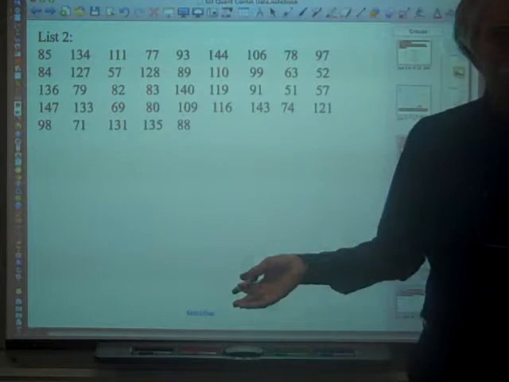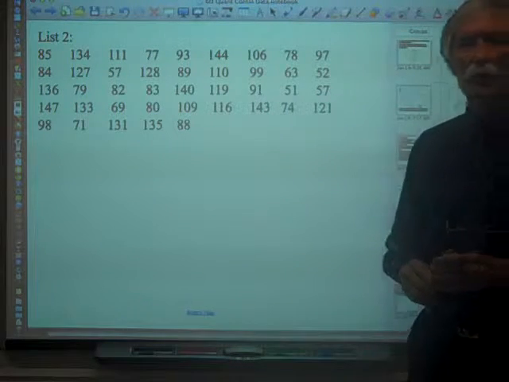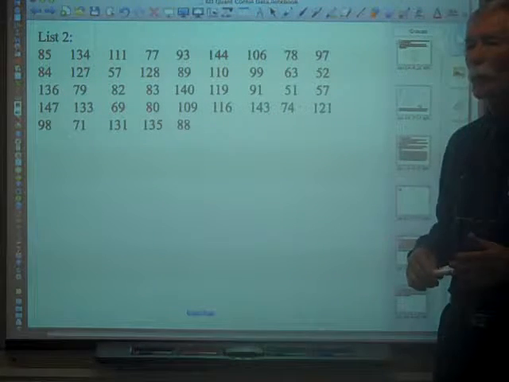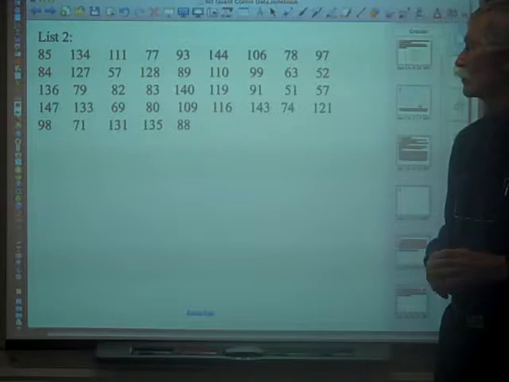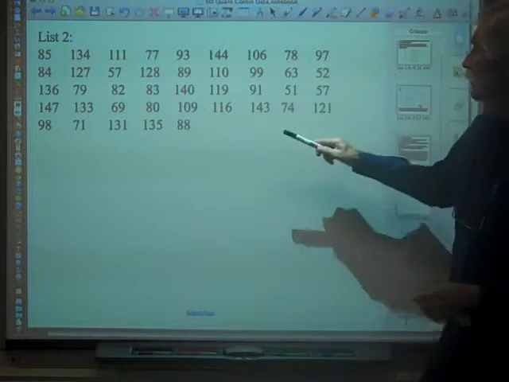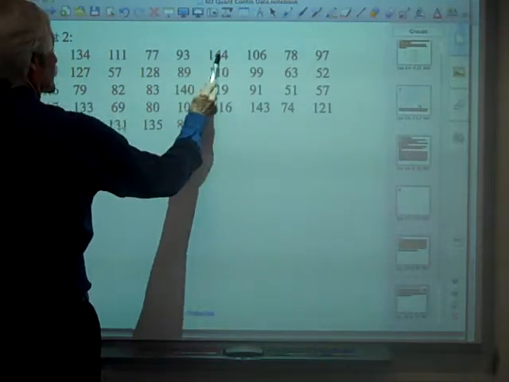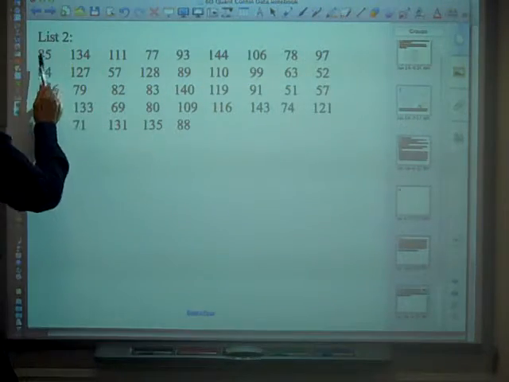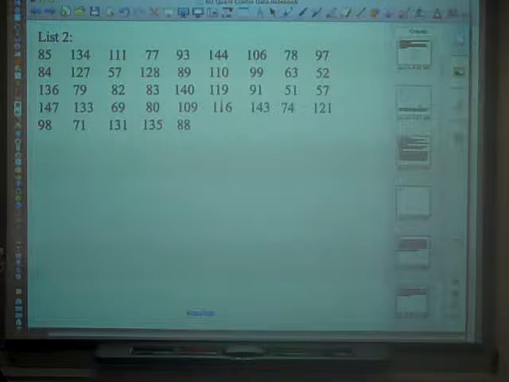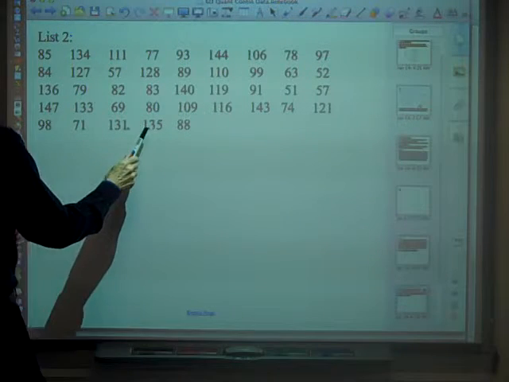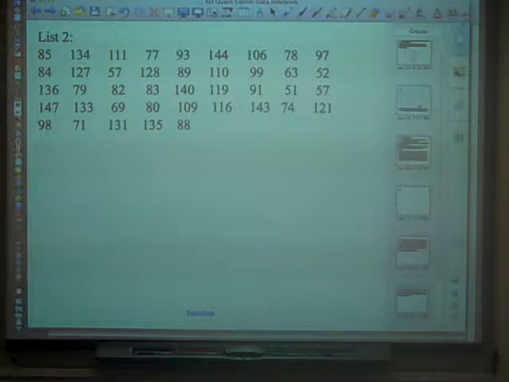How many bars do you need for your bar chart? How many data values are there?